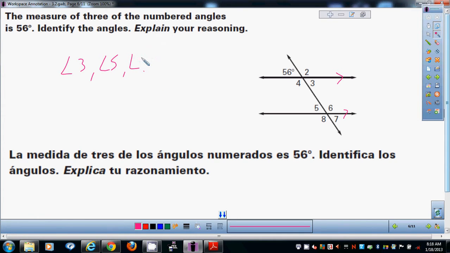What is angle 2 going to be? Yes, sir? It is. And what is that? What did you say? 124. What other angles are going to be 124? 4, 6, and 8. Very good.